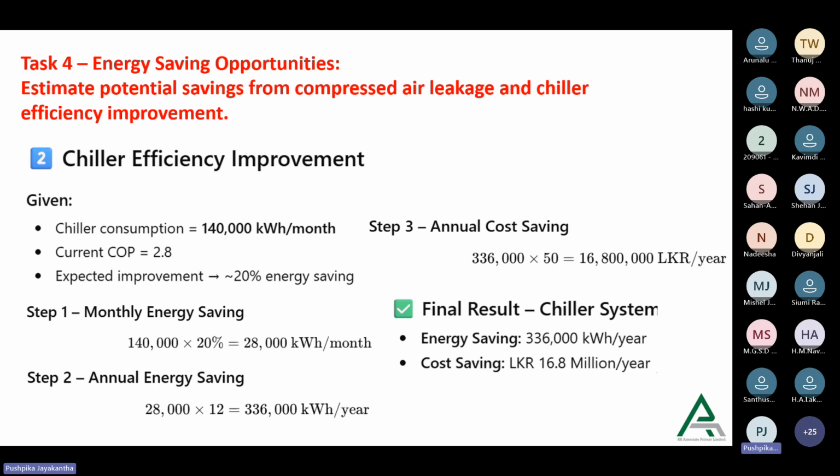And in chiller efficiency improvement, there's again a 20% energy saving opportunity. So you have to follow the same principles: monthly savings, annual savings, and then annual cost. So finally you can achieve 16.8 million per year.